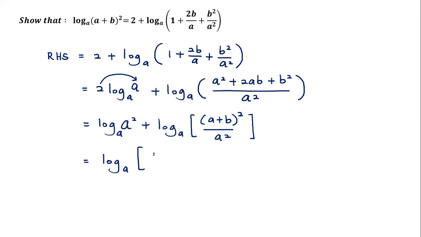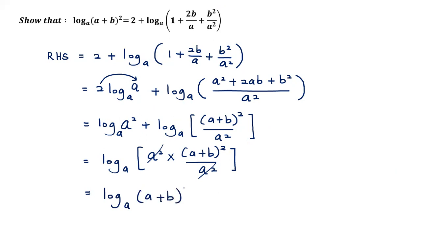So a square, with the plus, is multiplied by this entire thing: a plus b square over a square. So you can cancel this out, and we have log a with a plus b square. This is equivalent to your left hand side, so it's shown.